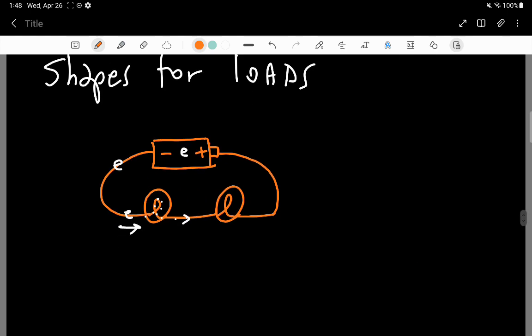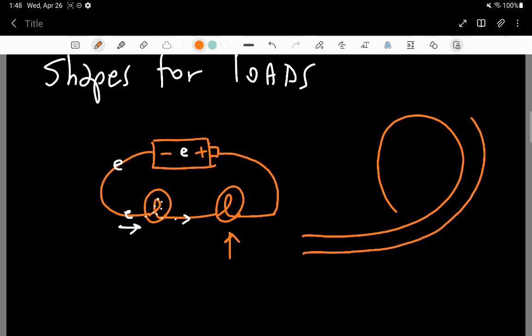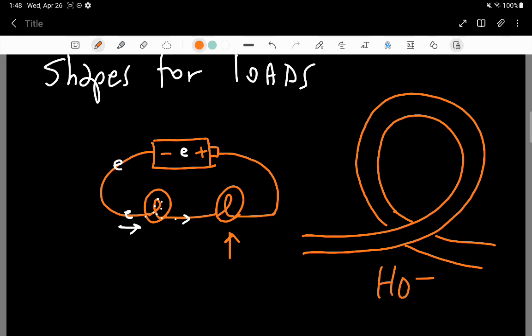If you look really, really close at a light bulb, let me show you what it looks like. So this is a cartoon drawing. It's kind of like a tube. The wire itself is a tube, right? And this thing gets really, really hot.